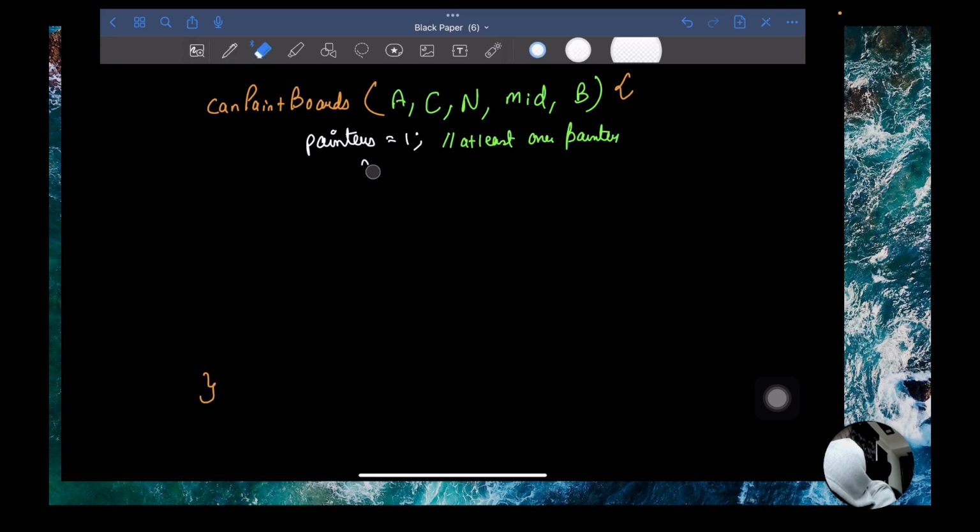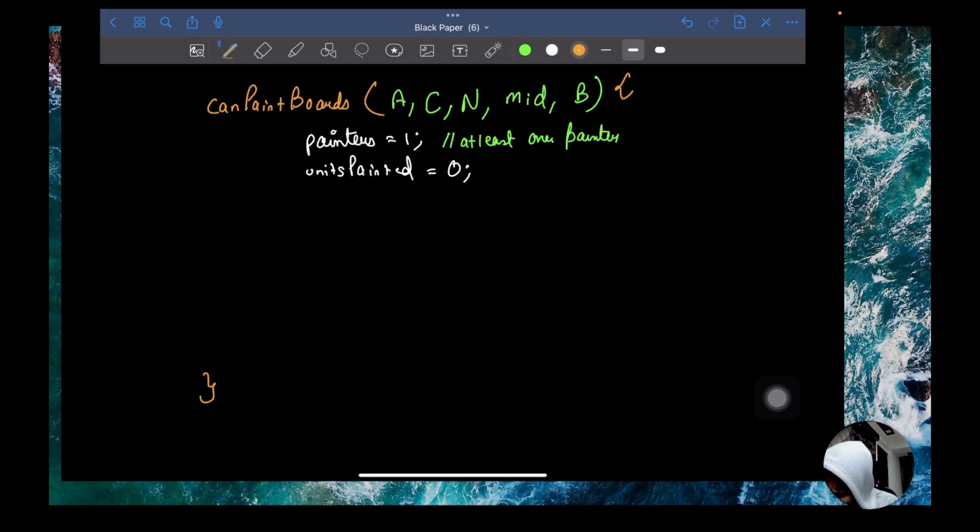Units painted is equal to 0. Initially, the first painter has not painted anything, so we can say units painted is equal to 0.